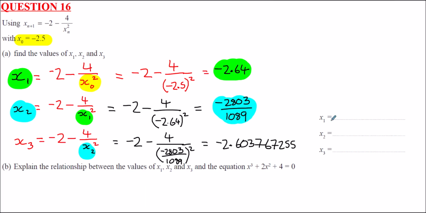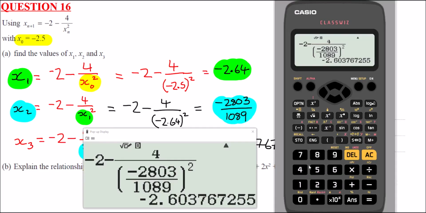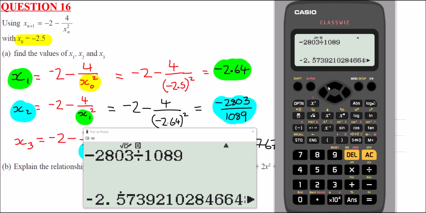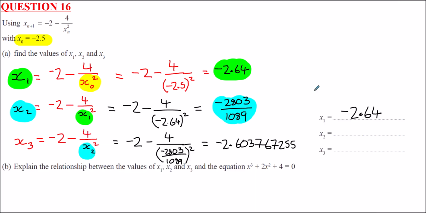So these are our values. So the first one, x1, was minus 2.64. x2 was this number here, which we can work out now if you want to. Minus 2803. So as an exact fraction, it's this. As a decimal, if you want to, minus 2.57.